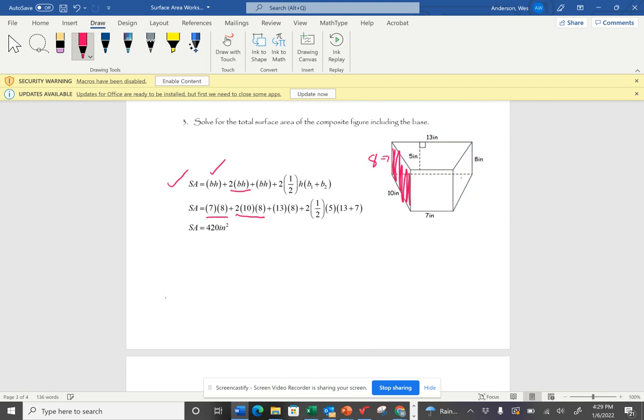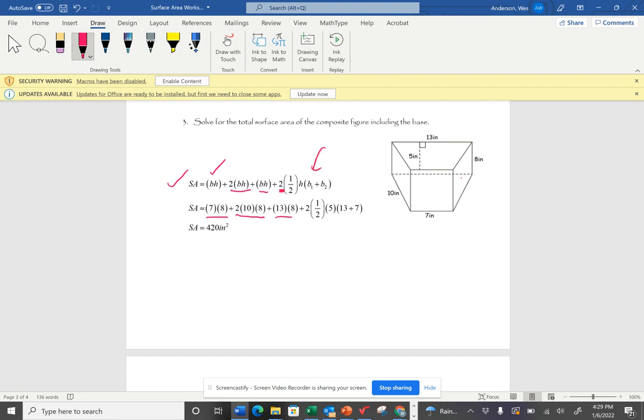The next, and last rectangle that you're going to have here, this one right here, it's going to be a 13 by 18. That's going to be your back rectangle right here. So that takes care of the four rectangles that make up the lateral sides of our trapezoidal prism. What you're left with after that is you're going to end up having two trapezoids.